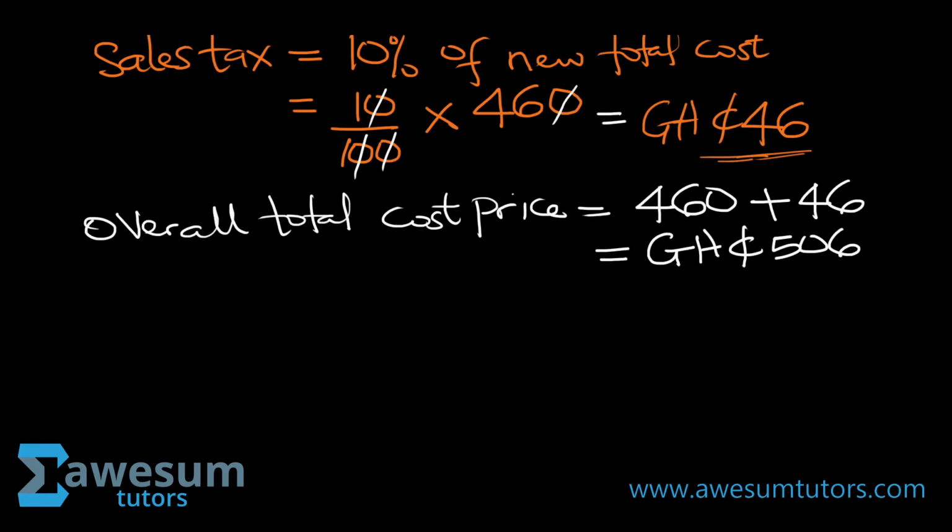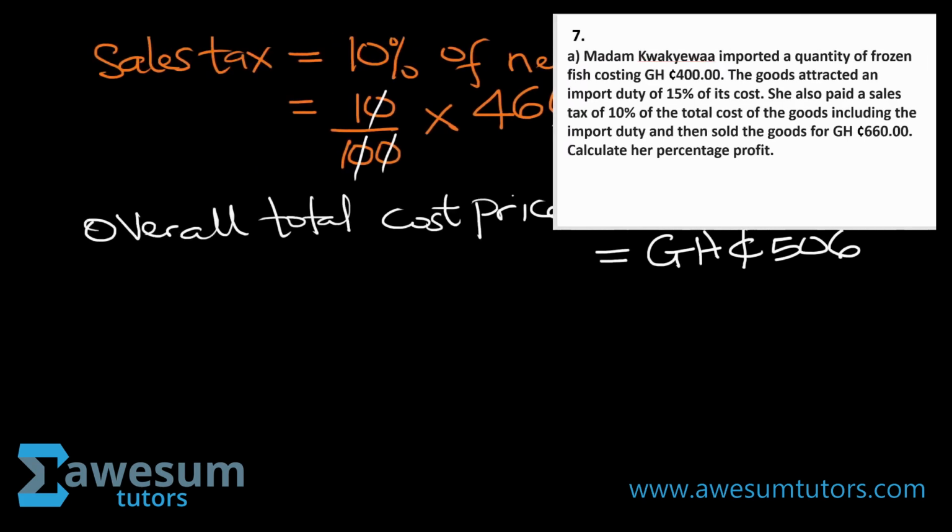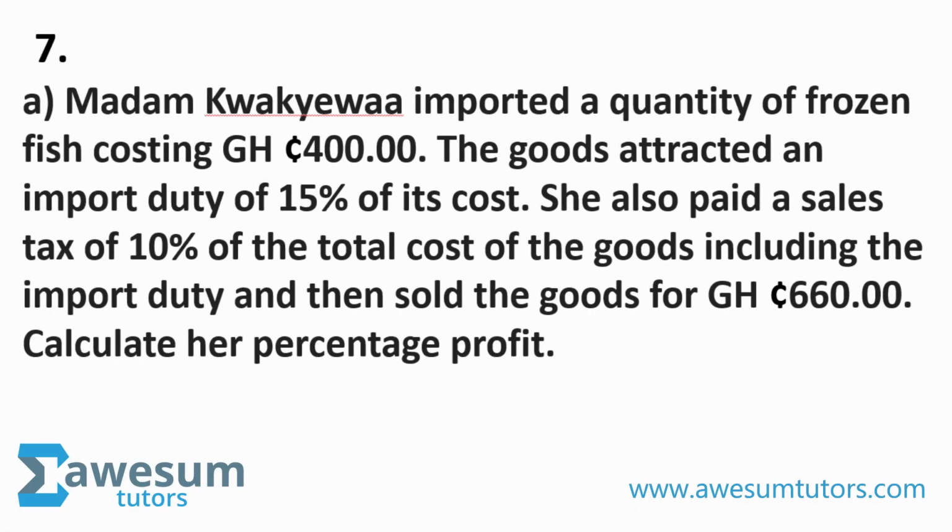But if we go back to the question, we are told that she sold the goods for 660. If you look at it, it says, and then sold the goods for 660 Ghana cedis.